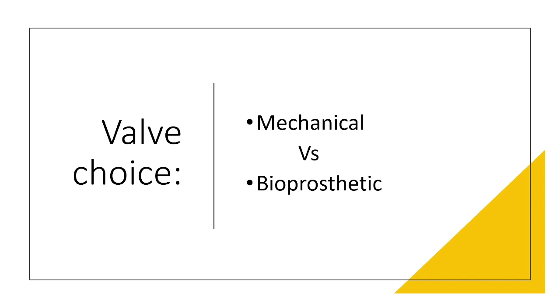It depends on the choice of the patient, the choice of the surgeon, and the type of the disease. And then one more thing, TAVI. TAVI is specifically for patients more than 75 years of age who cannot stand this big surgery and have many comorbidities. Then we can think of TAVI. Otherwise, it is surgical AVR or SAVR.